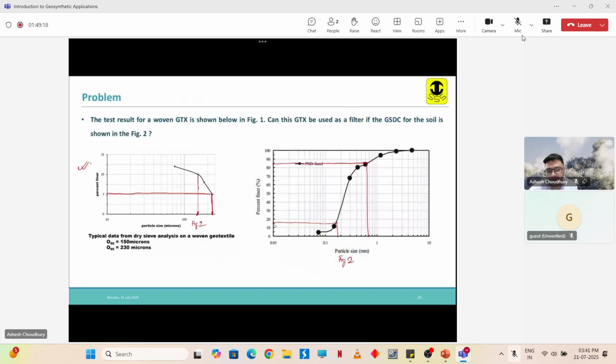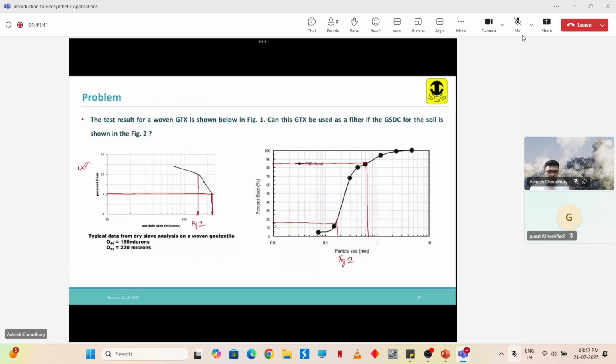So I was getting confused because I was relating it with the soil grain size distribution. So see, here O90 means 90% of the beads of size 150 microns are getting retained on the geotextile. Only 10% of the beads are actually passing through the geotextile.